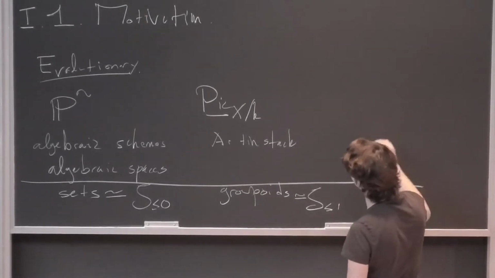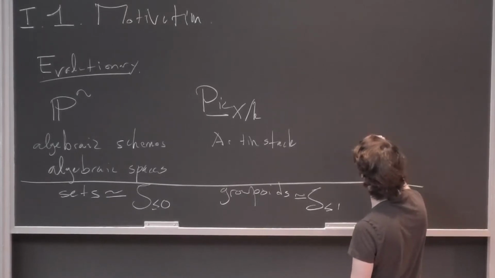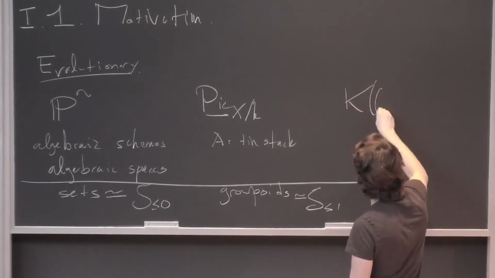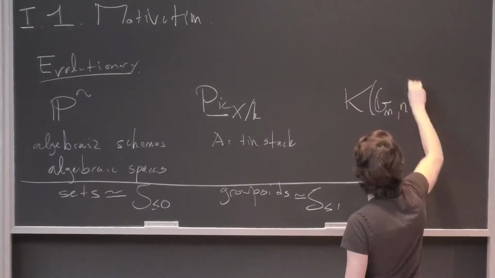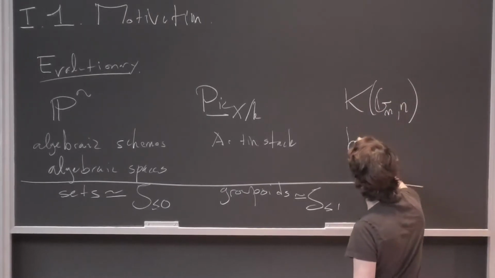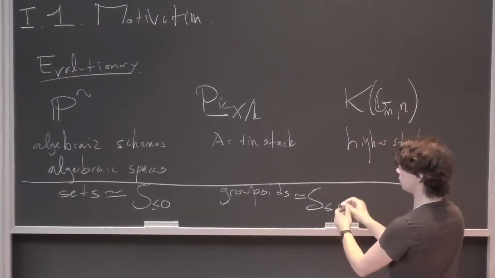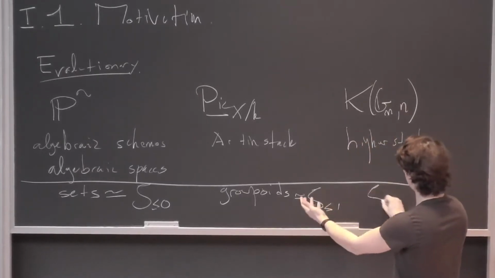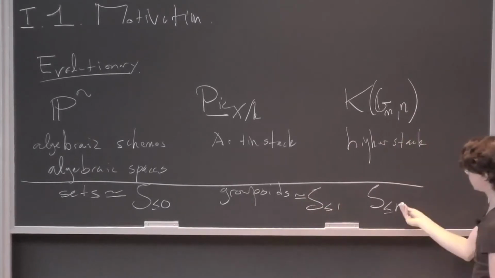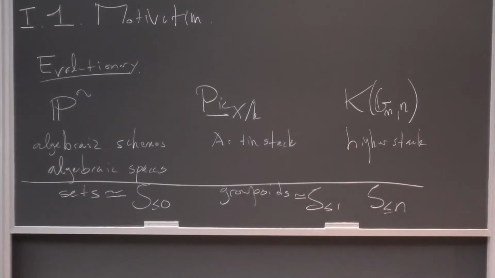And so let me just write down one particular example. I'll write this as K(G_m, n). So this is a higher stack. And what it is, it's a sheaf with values in truncated spaces, n-truncated spaces. So what do I mean by an n-truncated space?